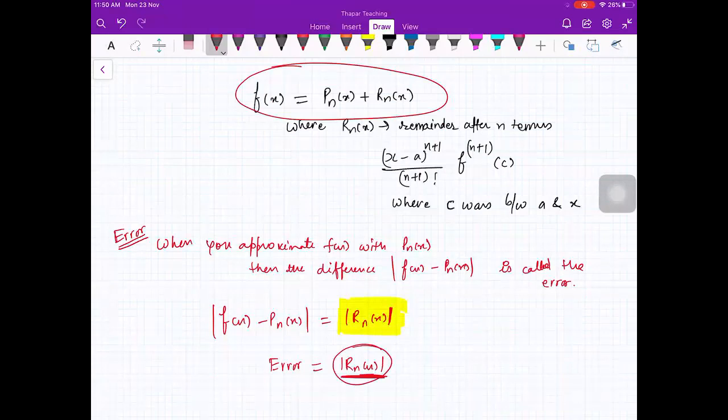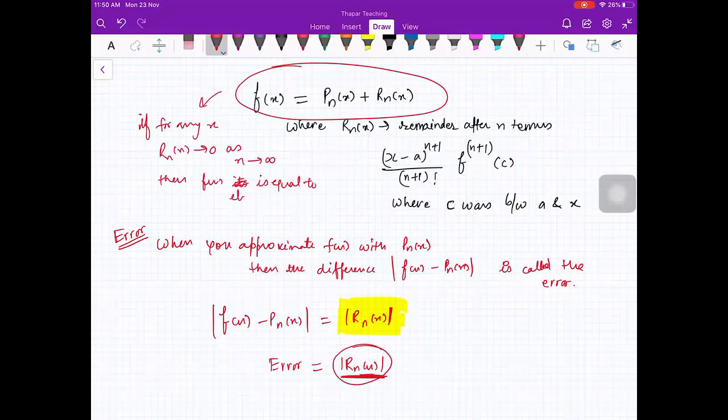Okay, and also we had this thing that if for any x, Rn(x) goes to 0 as n goes to infinity, then f(x) is equal to its Taylor series at that x. Then only can you talk about error, because if f of x is equal to its Taylor series, then only will you approximate f(x) with Pn(x), and after that you will talk about errors.